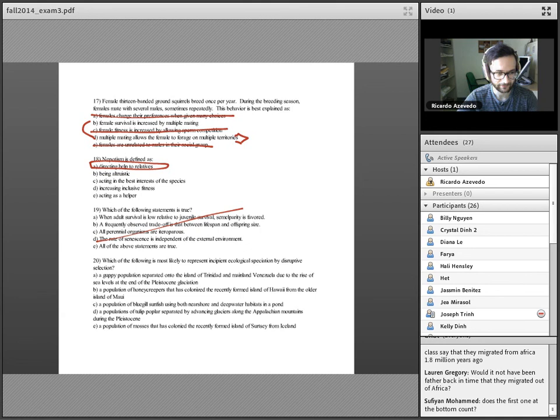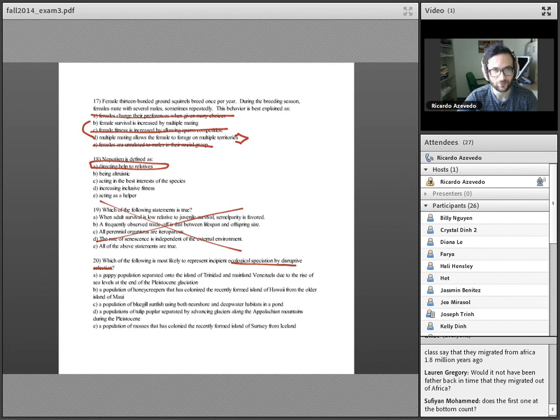All right, so female thirteen-lined ground squirrels breed once a year. During this breeding season, they mate with several males, sometimes repeatedly.